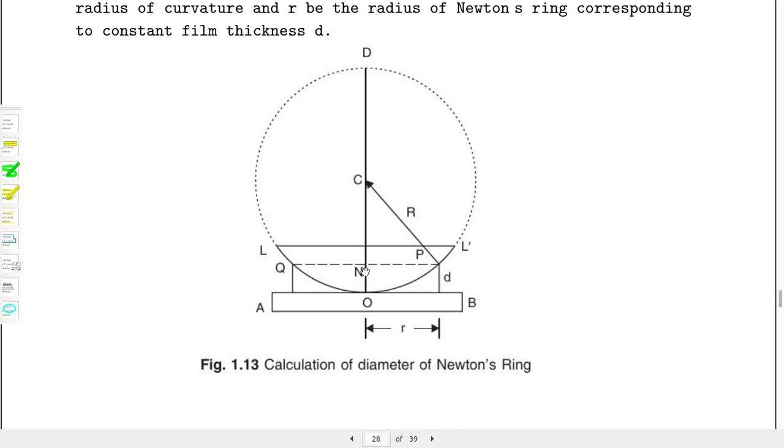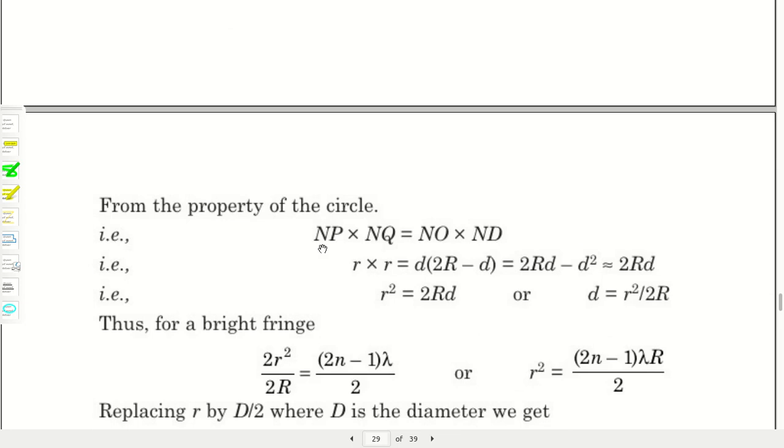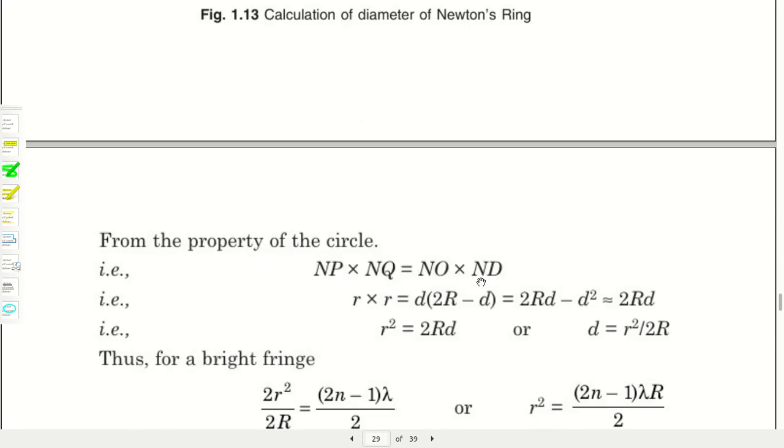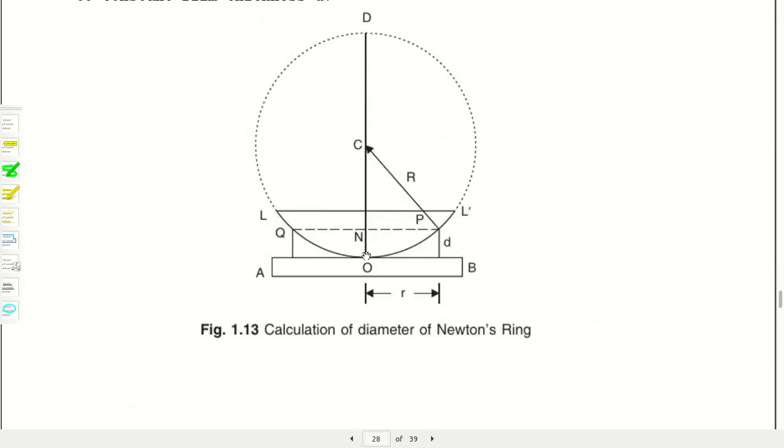So d is there, so the NO distance is d. Using similar triangles, we can write that NP into NQ is equal to NO into ND. ND, where is ND? Yes, this one.